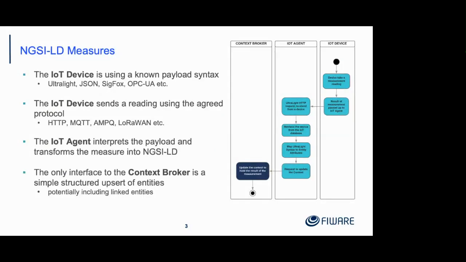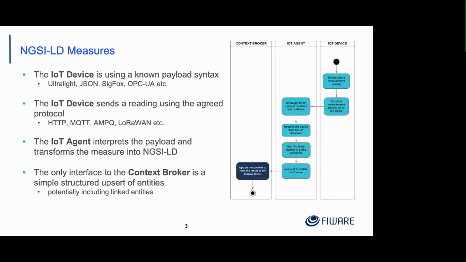It's absolutely a one-directional thing when you have measure information coming from a device into a context broker. You can see that you need to have a well-known payload. This is important when we start thinking about legacy systems as well. It's precisely the same thing.